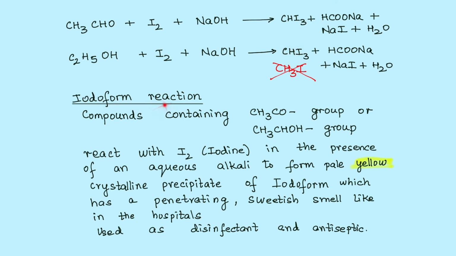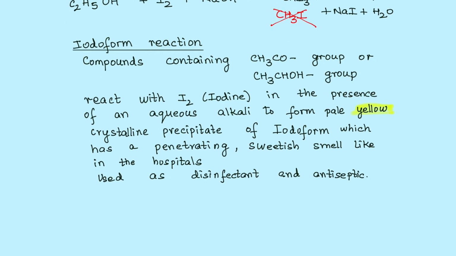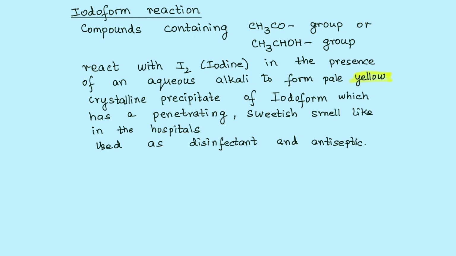So all in all, what is iodoform reaction? How do you define it? Teacher, you've taught so many things, but how do we define iodoform reaction? How do we write for the exam? When a compound containing CH3CO group or CH3CHOH group reacts with iodine in the presence of an aqueous alkali to form a pale yellow crystalline precipitate of iodoform, which has a penetrating sweetish smell.